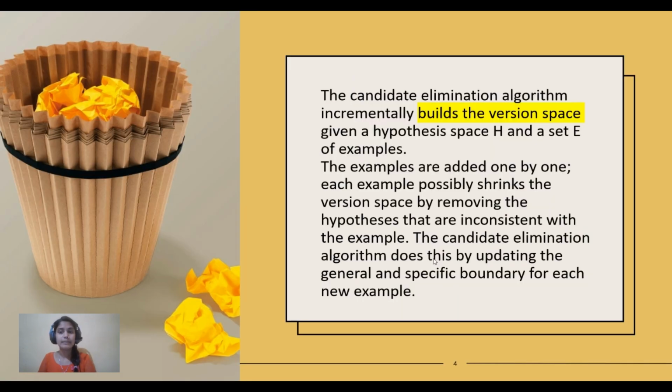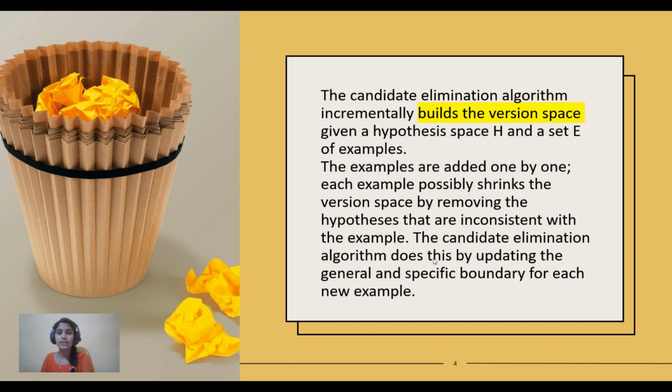Now, the candidate elimination algorithm incrementally builds the version space given a hypothesis space H and a set E of examples. Here, the candidate elimination algorithm works with the hypothesis space H and a set of examples given. Using this hypothesis space and set of examples, it builds the version space. That means we gave the guesses in the starting to the child that the cat might look like this.